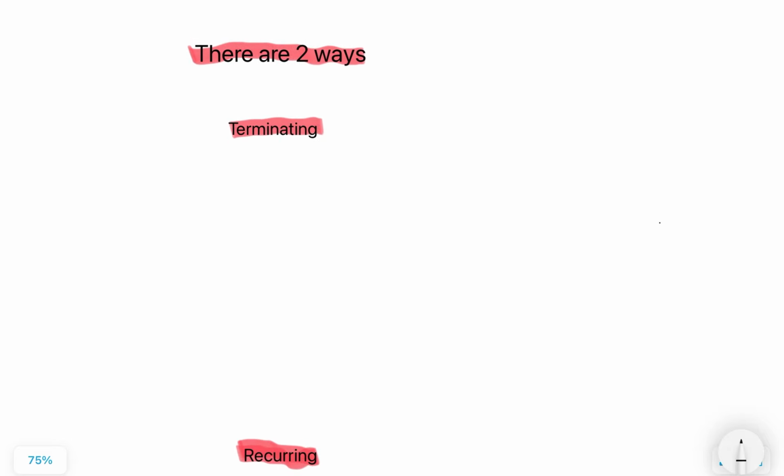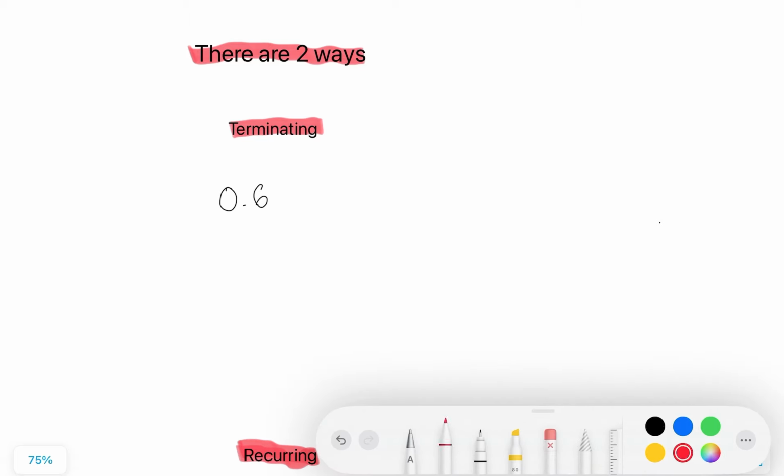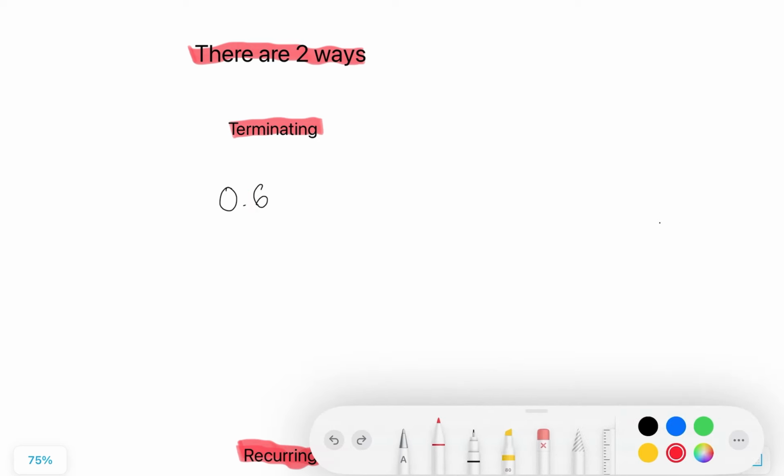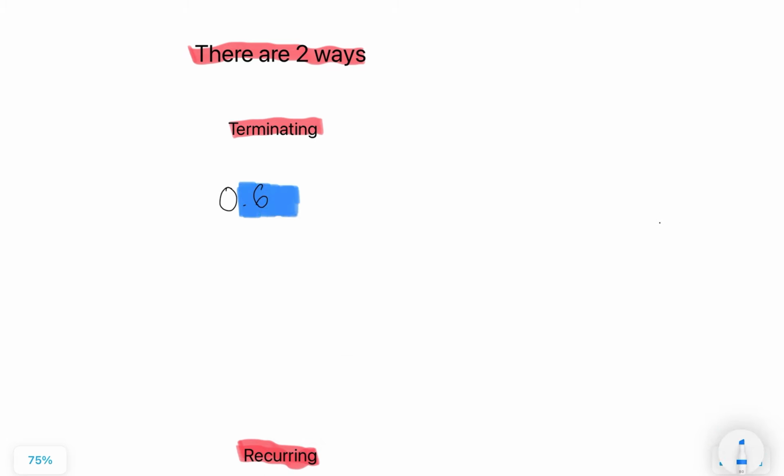Converting terminating decimals to fractions is fairly easy. What you have to do is put the digits after the decimal point on the top and the power of 10 on the bottom. If you're a bit unsure, let me just show you. Say we have 0.6. We have to take the numbers after the decimal point, all the numbers that come after this point.